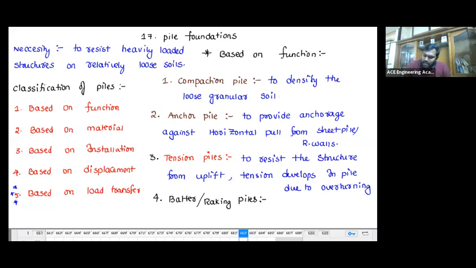So to resist large lateral forces, we go for the batter or raking piles.